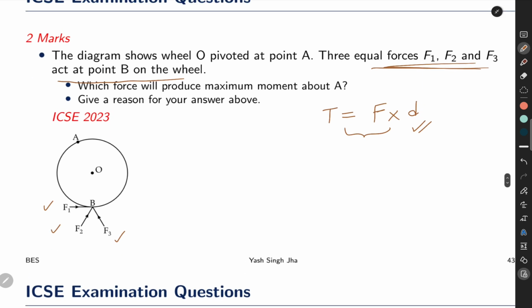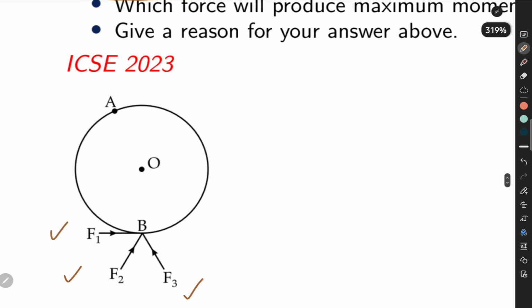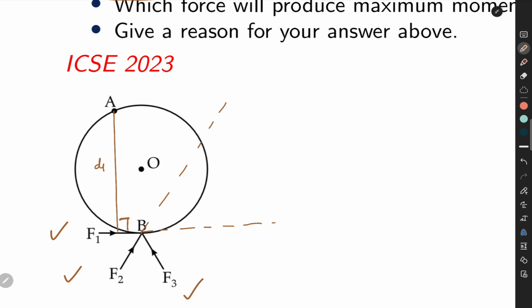Let's zoom into the picture and we'll analyze each case. So the line of action for force 1 is this. The distance considered in the calculation of moment for F1 will be this distance d1. The line of action for force F2 is this.